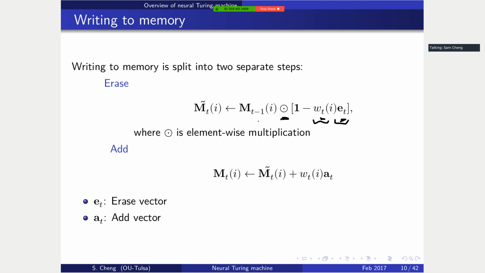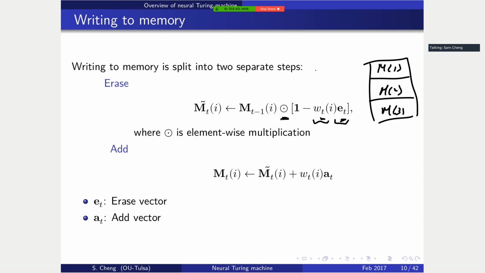What you see is, if I have W, for example, and my memory block is maybe just 3 vectors, originally M1, M2, M3, and so on.